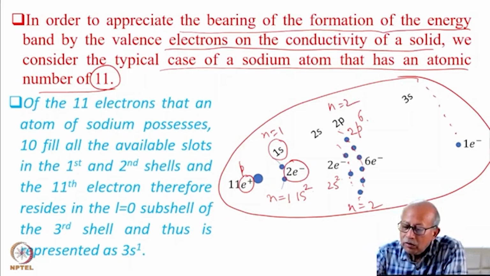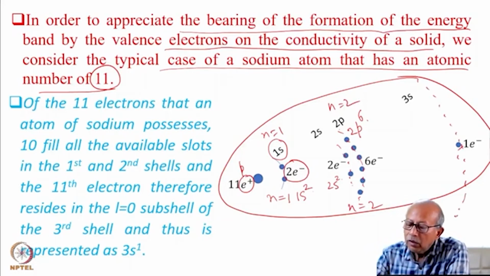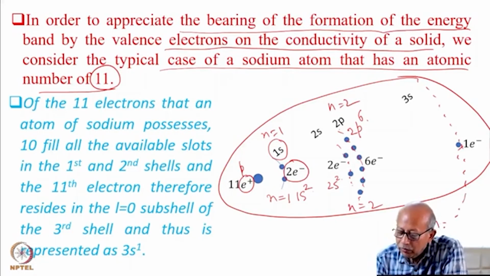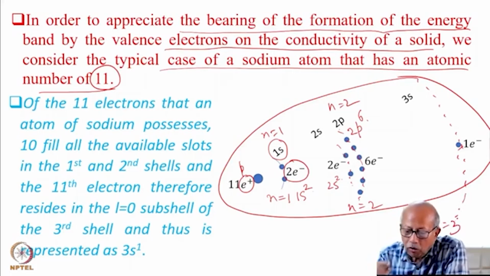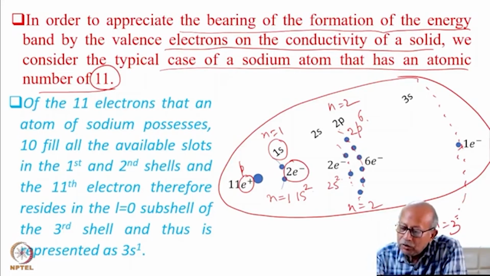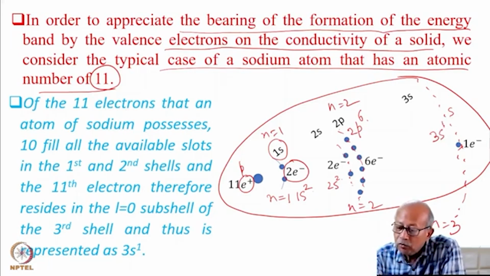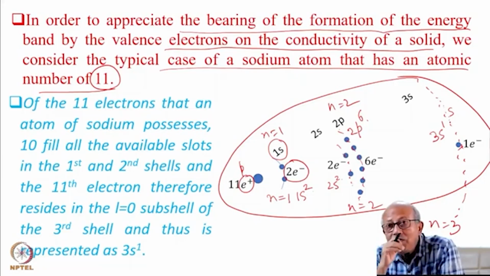Then comes the third level, n equal to 3. So you have now only one electron. So it goes in the first subshell, which is s, and it will be indicated as 3s1. Now this subshell can actually contain two electrons, but only one electron appears here. So this is actually half empty, partially full.